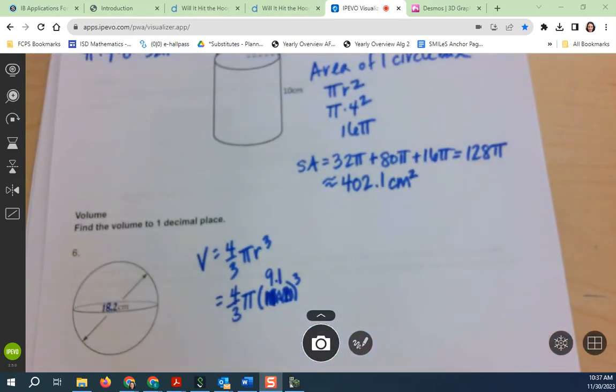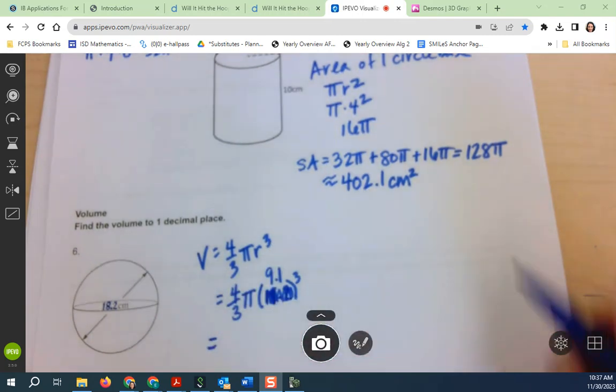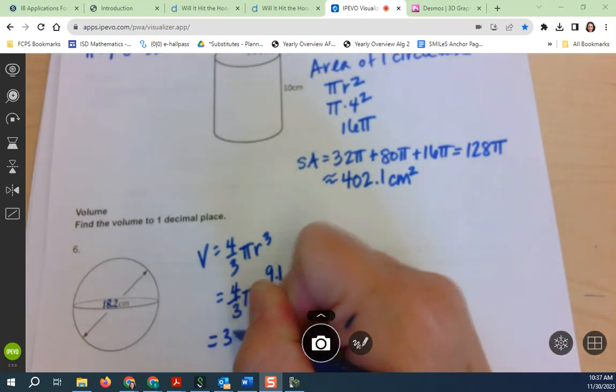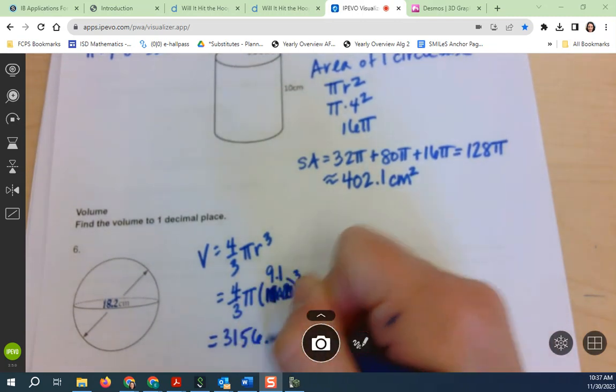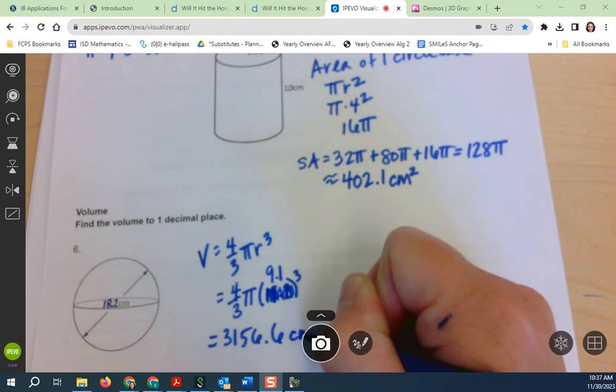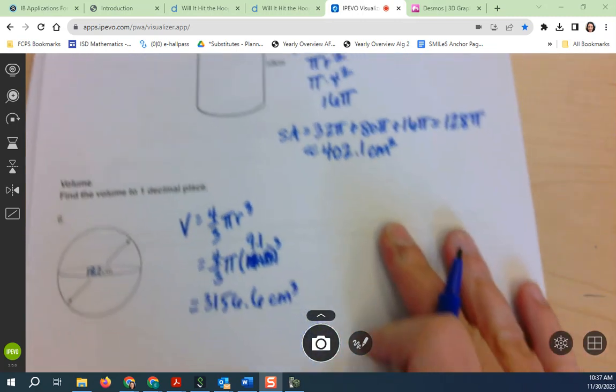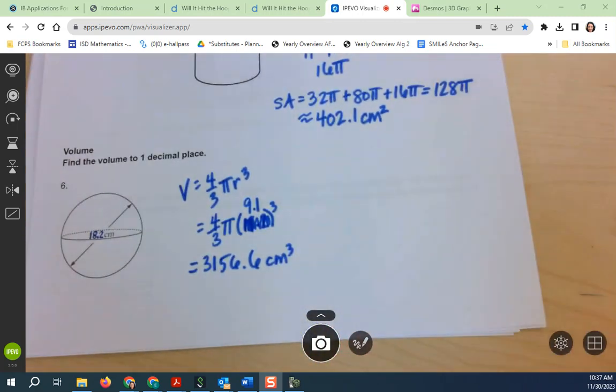Because it says r, it doesn't say diameter. Okay. And if somebody could please put that in their calculator and tell me if you can confirm my answer or not. You get the same thing, Andrew? Yeah.